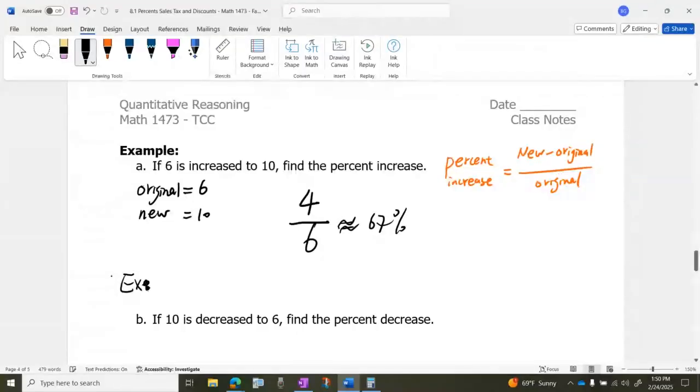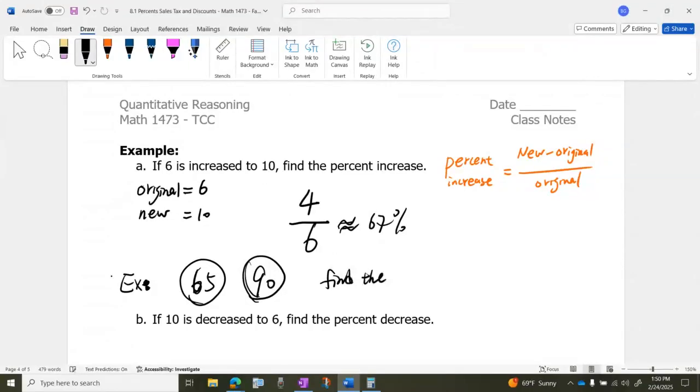Exercise. Let's say last semester you took this class, you got a 65, right? And this semester you want to get a 90. Last semester, the same class, you got a 65. This semester you get a 90. I hope you get a 90. And what's the percent increase?